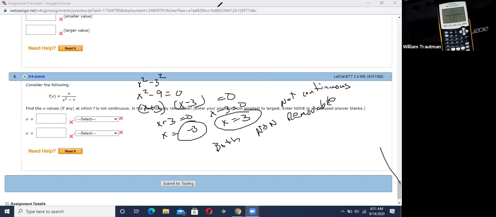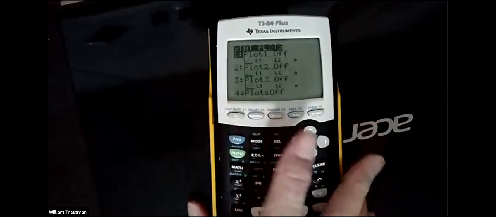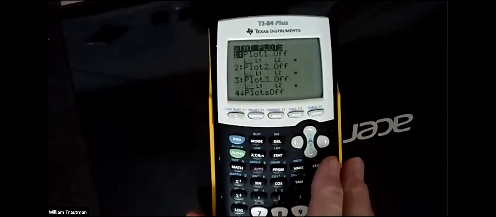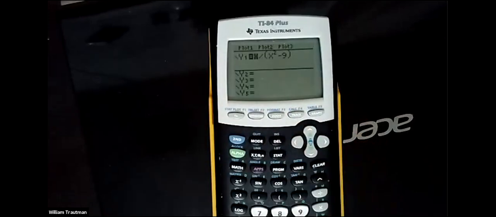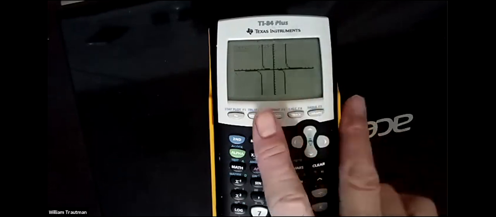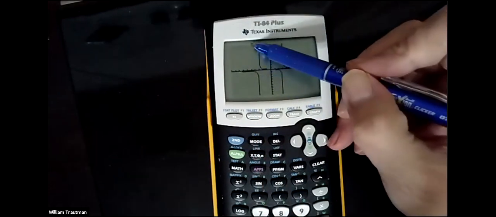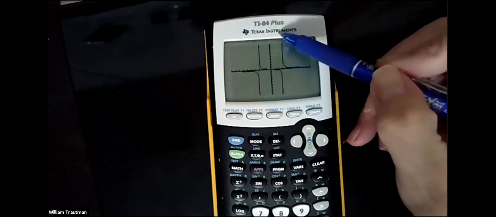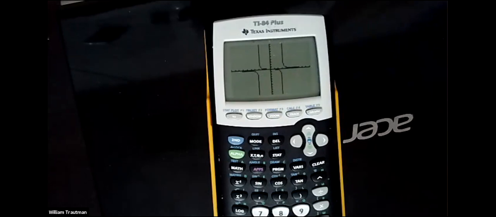All right, so you should be able to see the calculator a little bit bigger now. There's the graph, x over x squared minus 9. If we look at the graph, we have an asymptote at -3 and +3. That's where we're discontinuous.